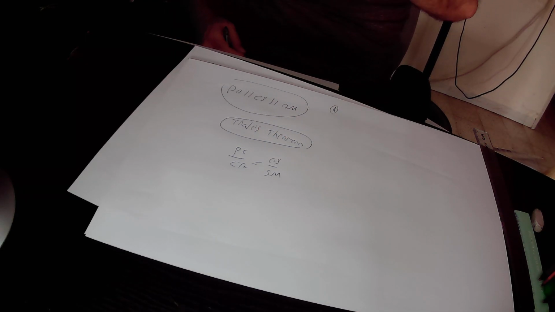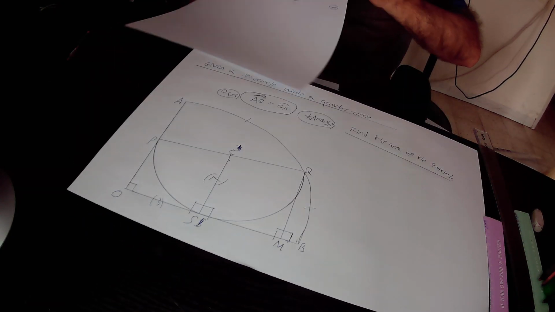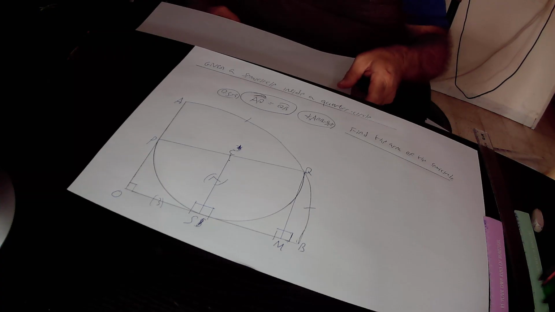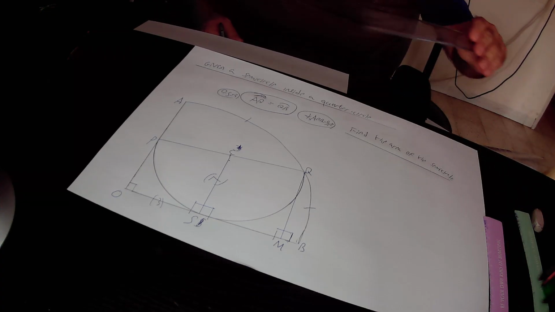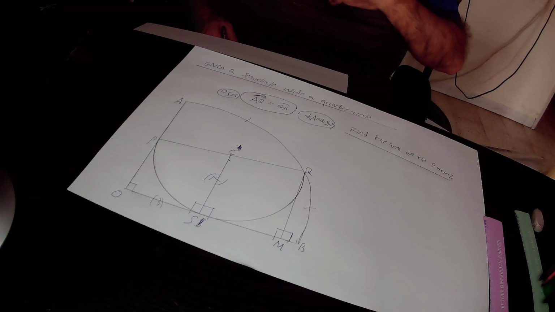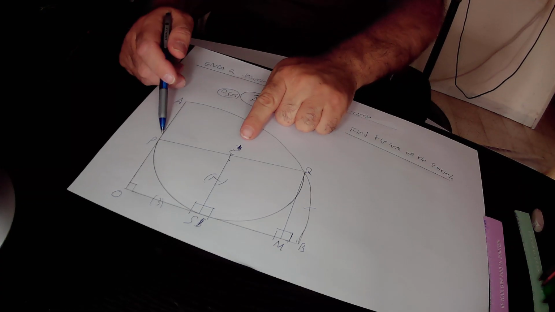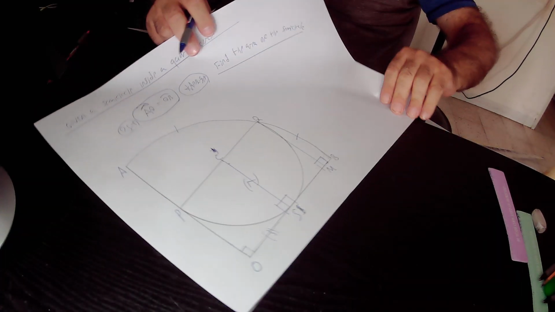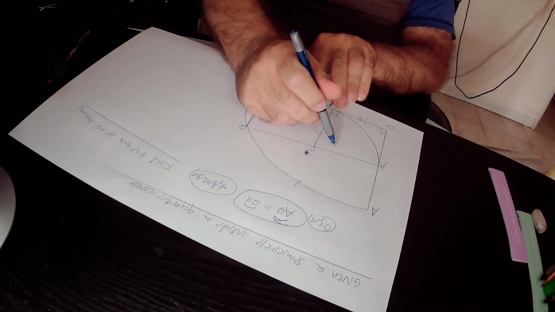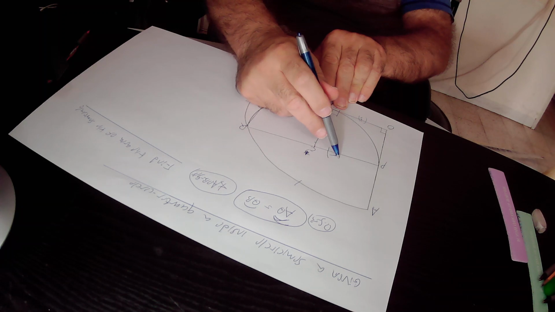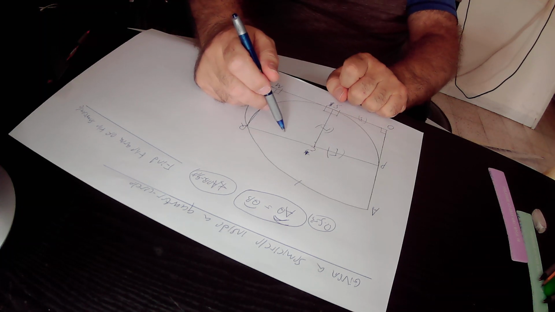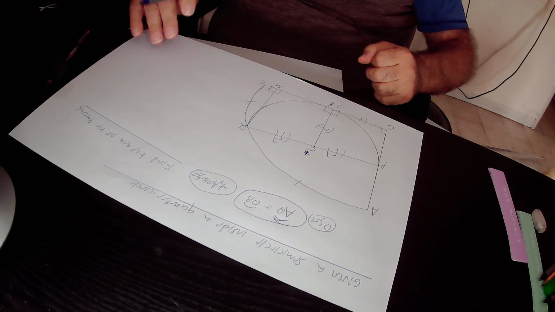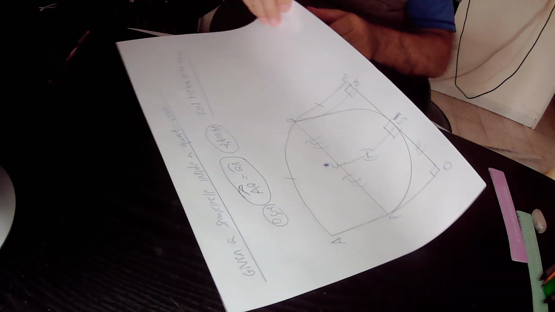This equation is the implementation of the theorem in our drawing. PC is of course the radius of the circle, equal to R. CQ is also the radius of the circle, equal to R, according to our definition.